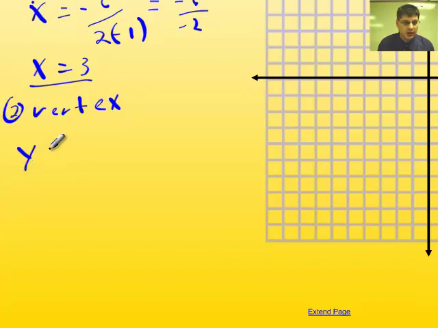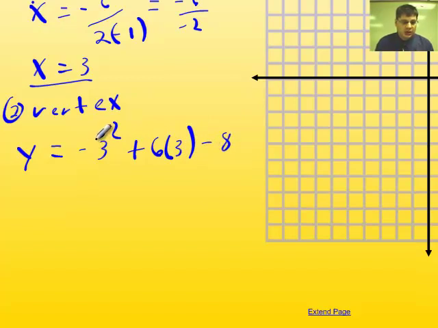So it's y equals negative 3 squared plus 6 times 3 minus 8.